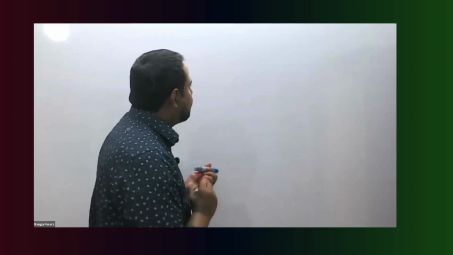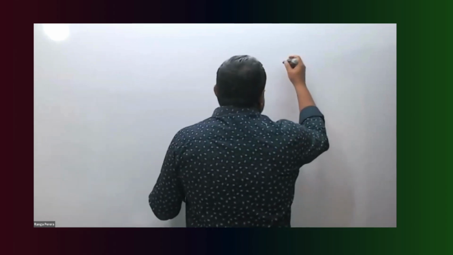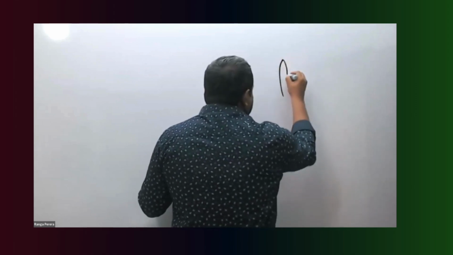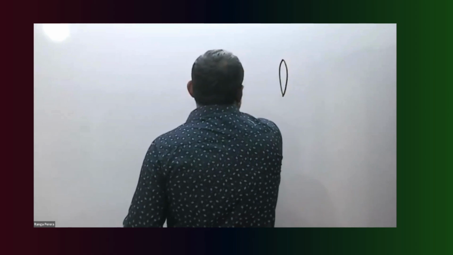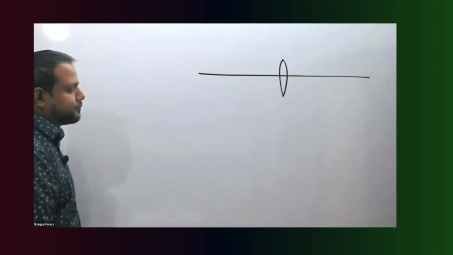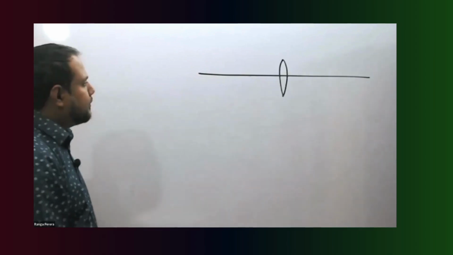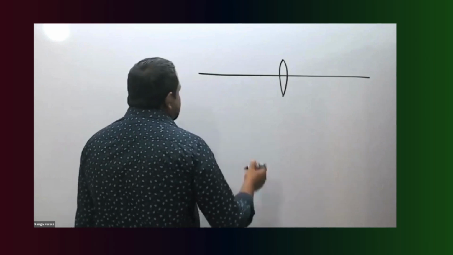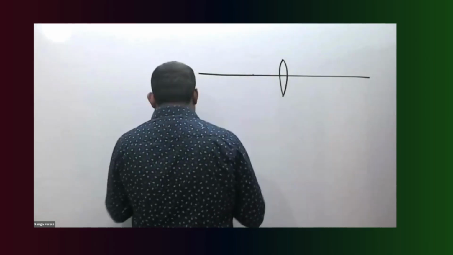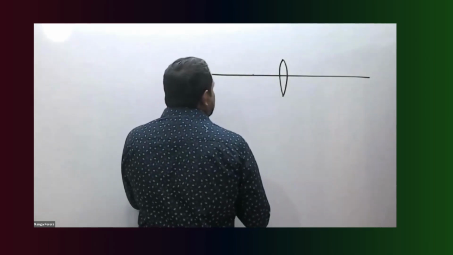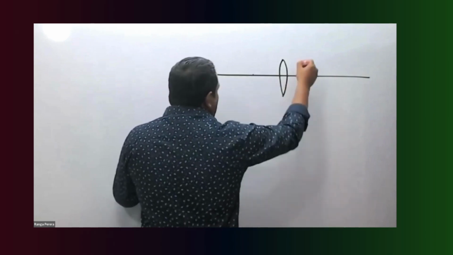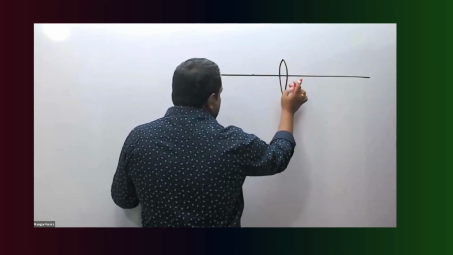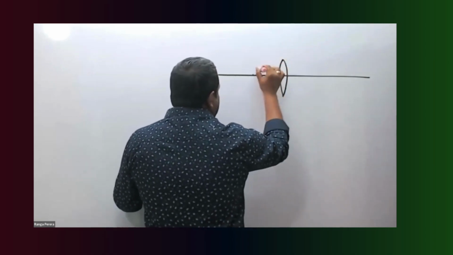Look here, one of you. This is your lens, the convex lens, as I told you. What is our requirement? The close object, the object which is very close to your eye, is placed close to the convex lens, as in a simple microscope.